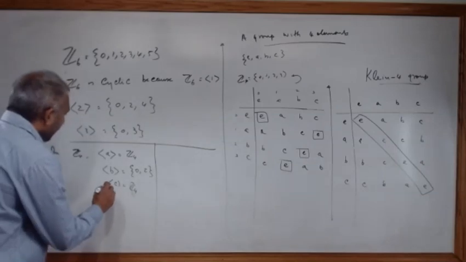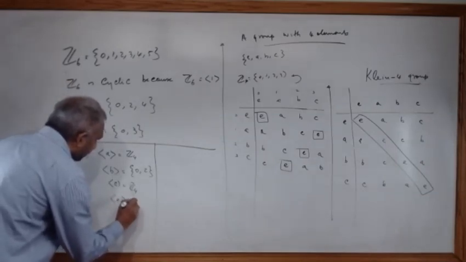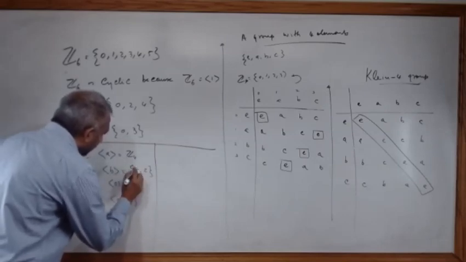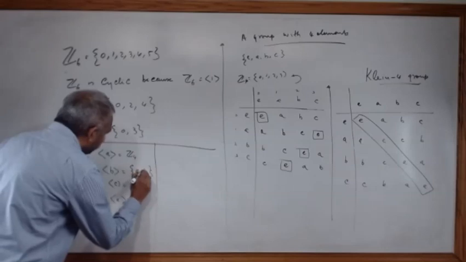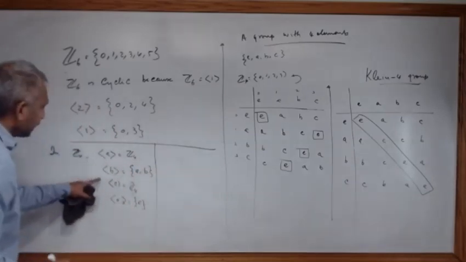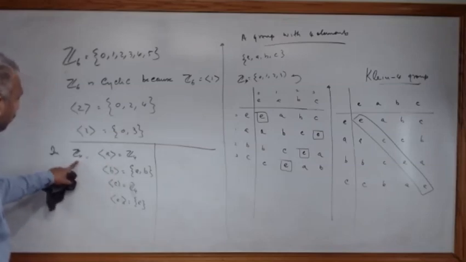And if you take E, it is the subgroup with just E. So these are the 4 different subgroups of Z4.